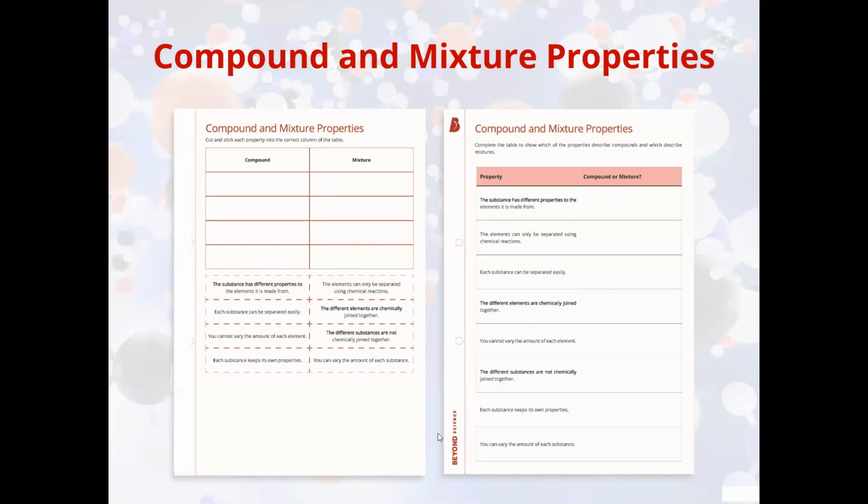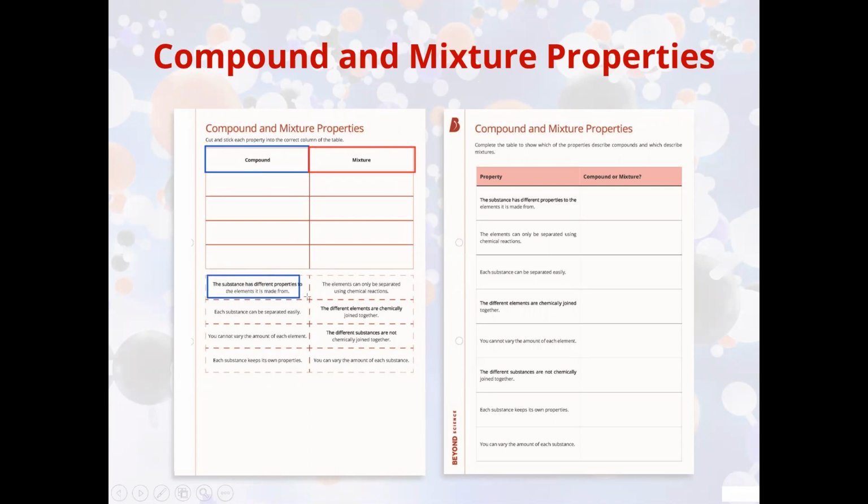I'm going to color code it. When it's a compound, it'll be blue. And when it is a mixture, it'll be red. Okay, so the first one. The substance has different properties to the elements it is made from.